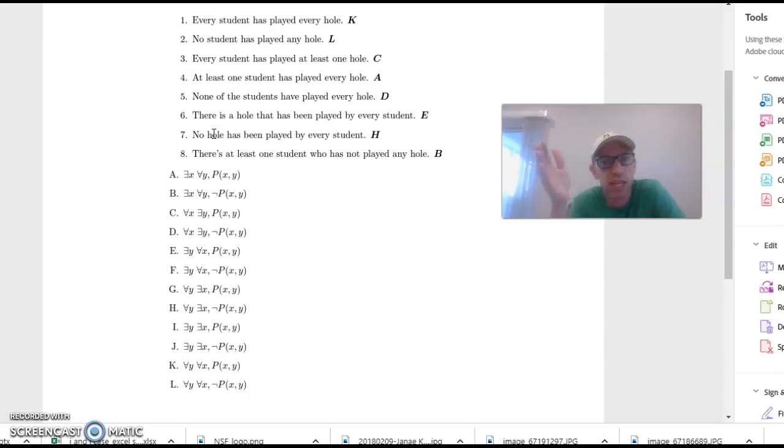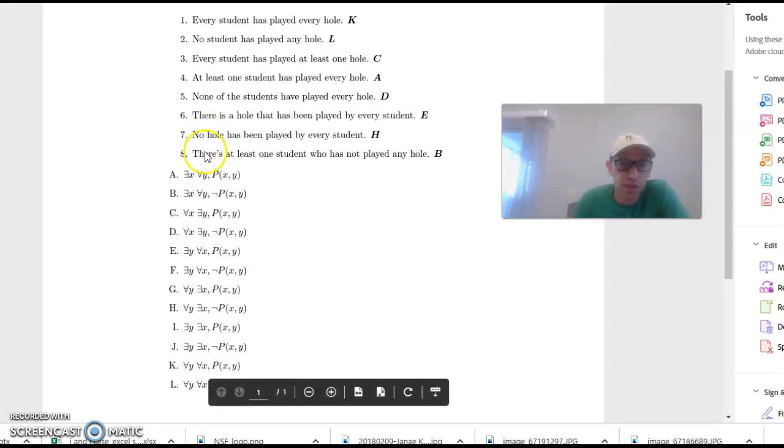That's another way of saying that. So for any Y, there exists X, at least one X, such that not PXY. So that's what we have here. For any hole, there exists at least one student such that the student hasn't played the hole.